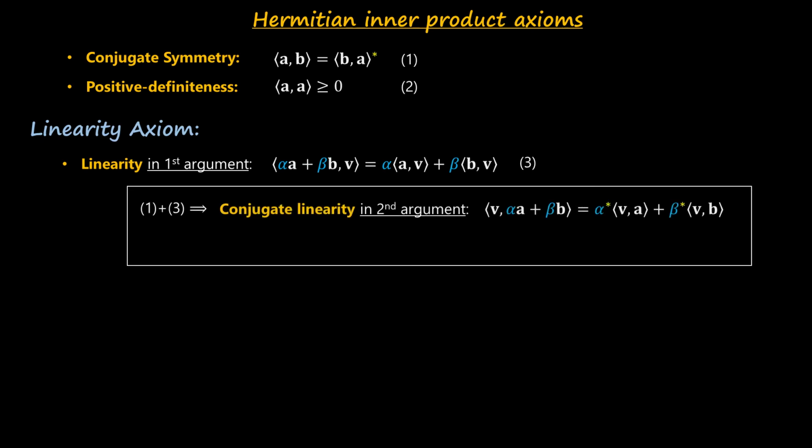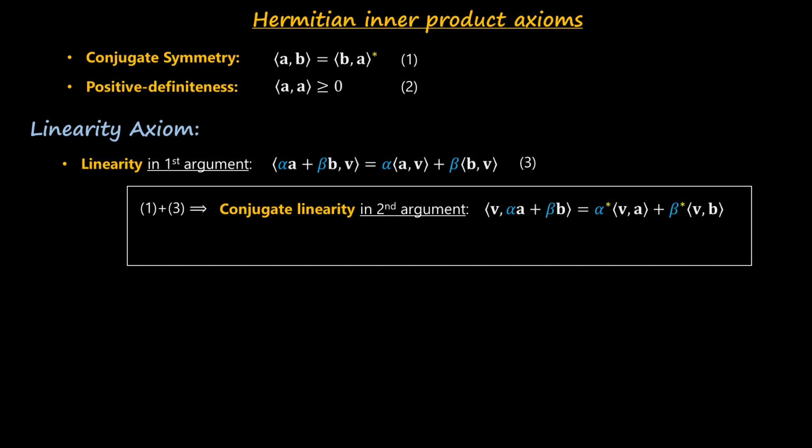Now, combining axioms 1 and 3, it can be logically deduced that the inner product must be conjugate linear in the second argument, as we said earlier. So, if we do a linear combination in the second vector, the result is a linear combination of the individual inner products, but with the linear scalar coefficients being complex conjugated.